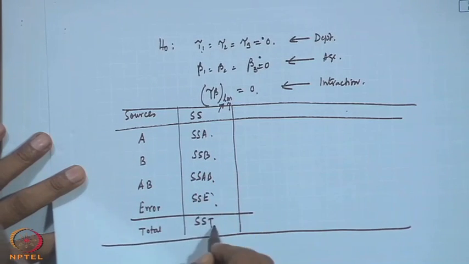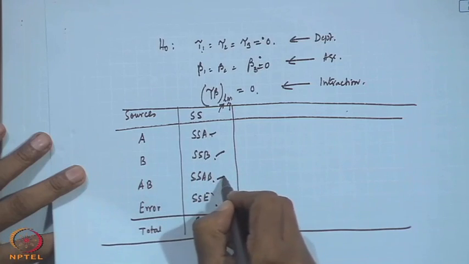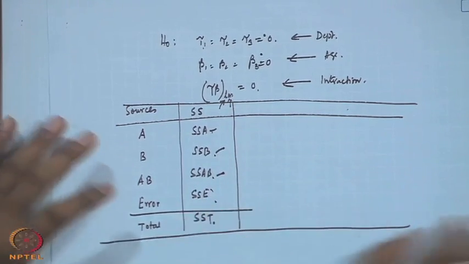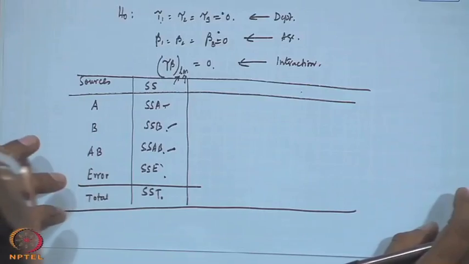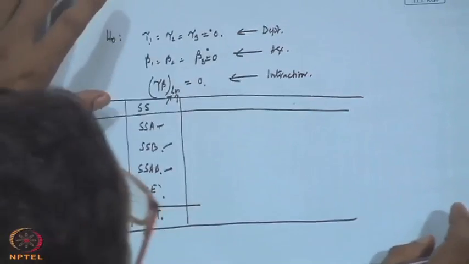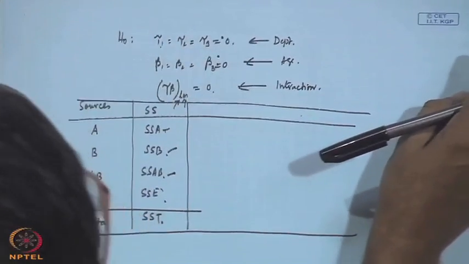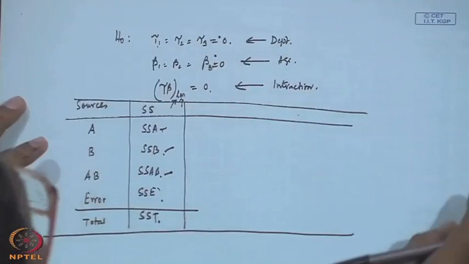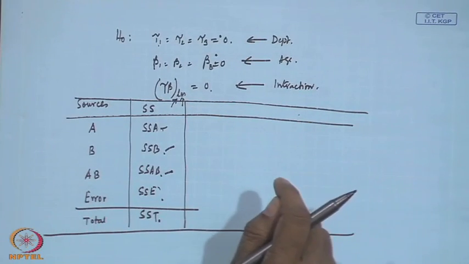So, SSE will be SST minus this, minus this, minus this. This is the calculation part, decomposition of the total sum of squares into individual sums of squares.